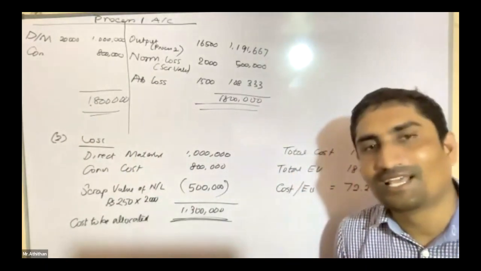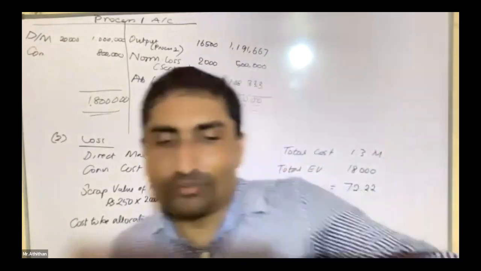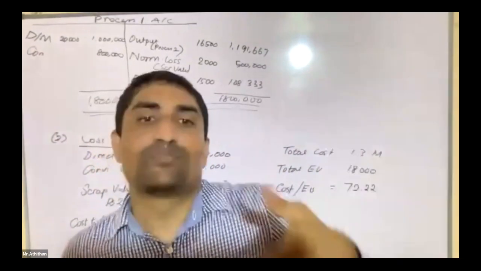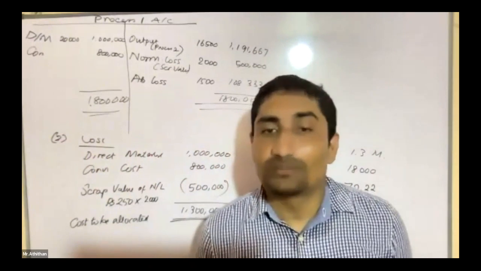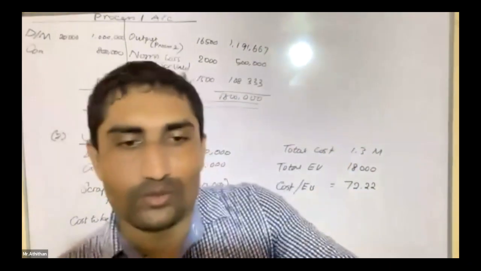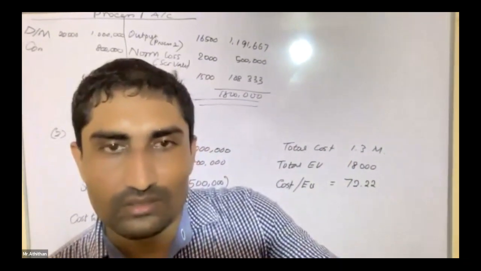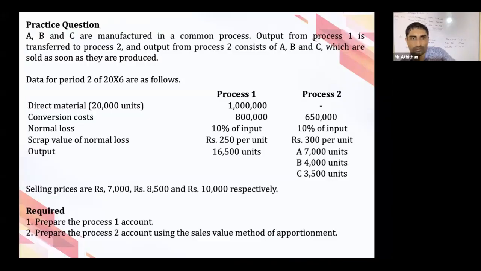Process 1 has no problem. Only process 2 will have the problem, because the split needs to be made. So now we will do the process 2 accounts. I'll remove the process 1 part.